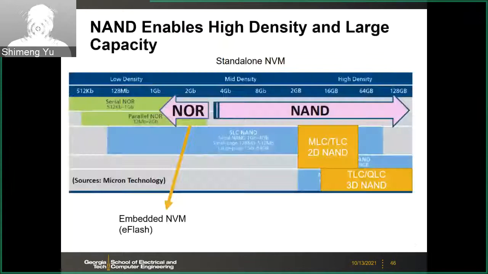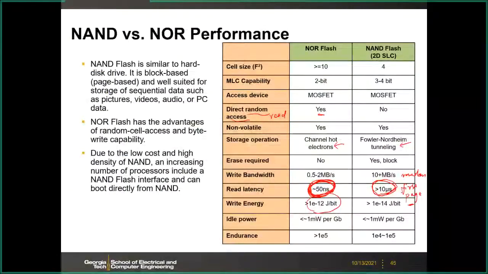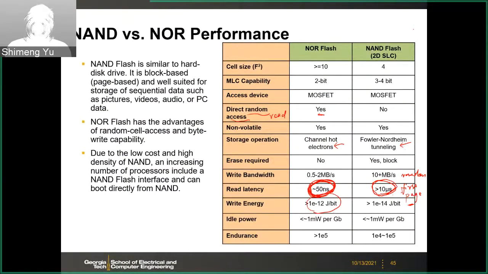So if you really think about the NAND flash, the reason is that you have these transistors in series. If you select this cell to read out, you have to apply the pass read voltage for the other cells.